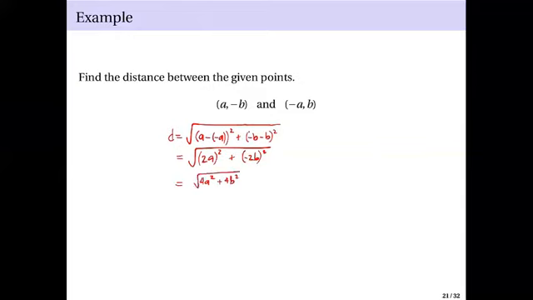You can factor out 4. So you will have 4 times a squared plus b squared. And again, take the square root. And then you have square root of 4, that's just 2. So this is just 2 square root of a squared plus b squared. So this is the distance between those 2 points.